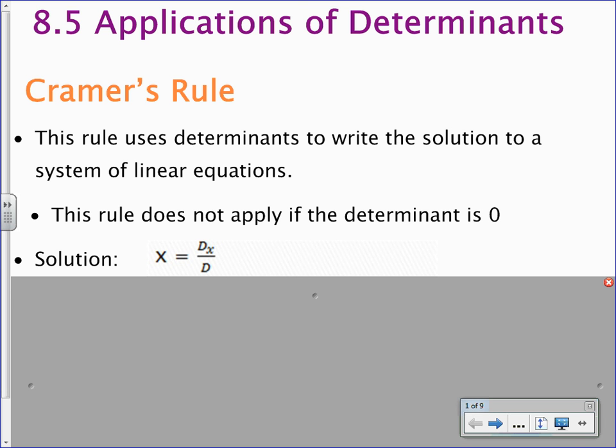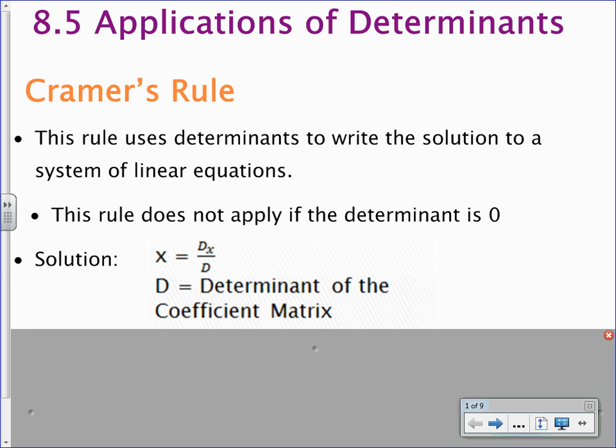So we're going to have a determinant divided by a determinant. That's why I have the letter D up there. Now I have a little symbol right here with an x, the determinant with a little x subscript. What does that mean? First of all, the determinant downstairs is going to be the coefficient matrix. So you take all the coefficients from your variables, x, y, z, whatever, and that's going to be the matrix you use in the denominator for all of your variables.